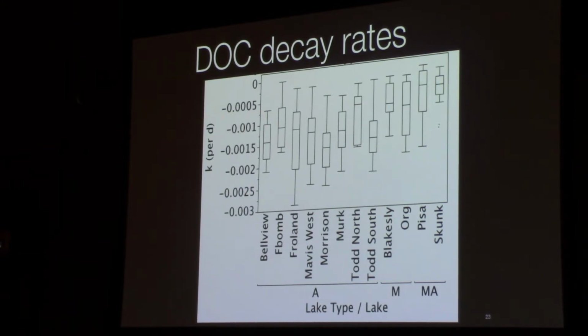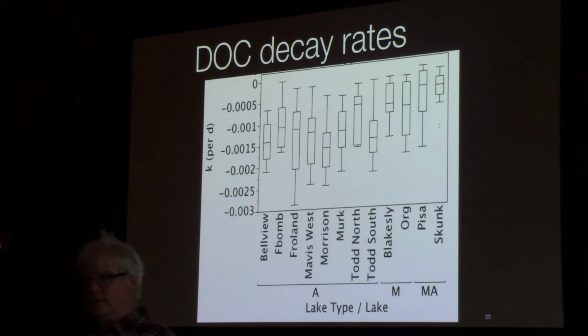We've also looked at the dissolved pools of organic matter in these systems, and there doesn't seem to be any systematic difference in the rate at which that material decays. So if you think about it, most of the biomass of a plant is in the plant itself, but it's also excreting material into the water.